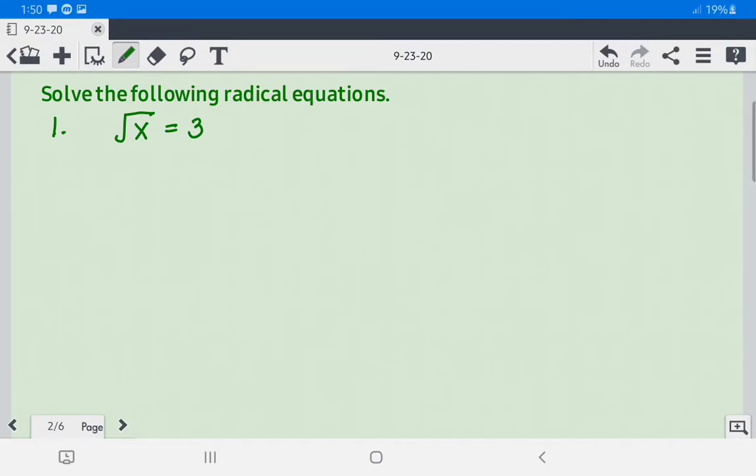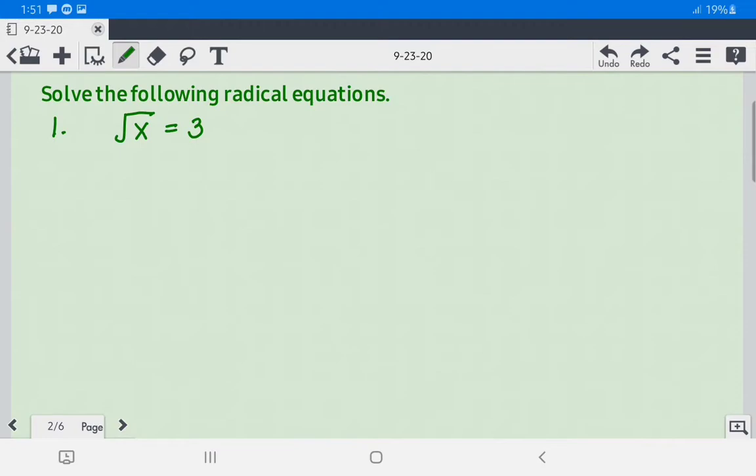Our first step is to arrange the terms of the equation so that one term with a radical is by itself on one side of the equation. Since the square root of x, the radical term, is already on one side of the equation, there's no need for us to isolate the radical term.